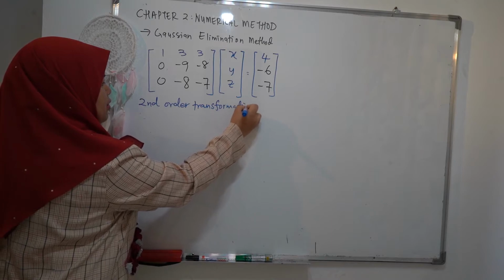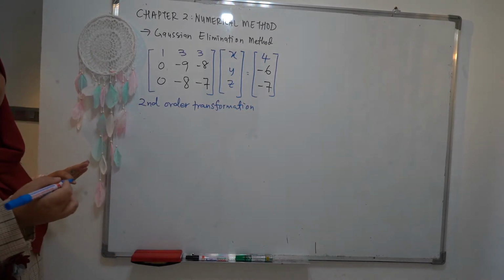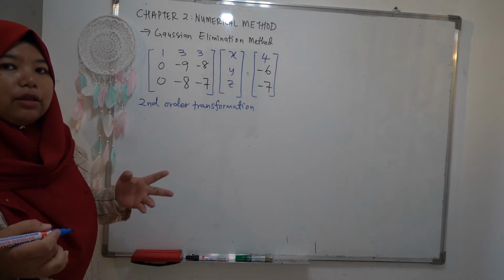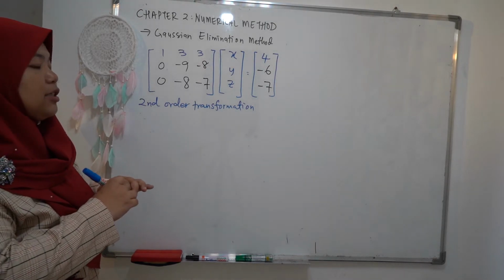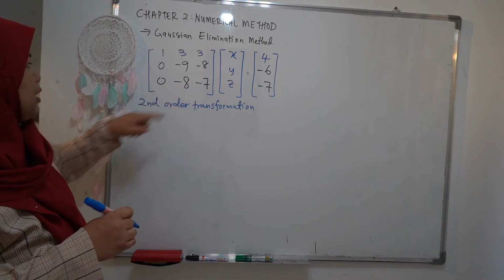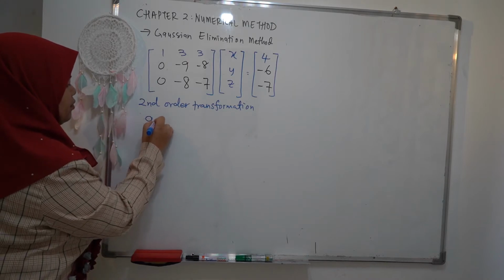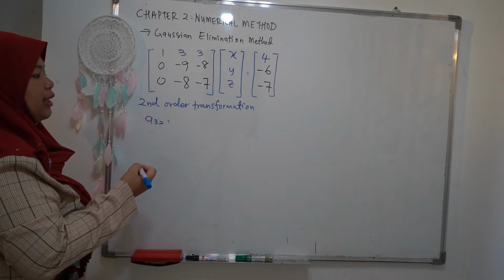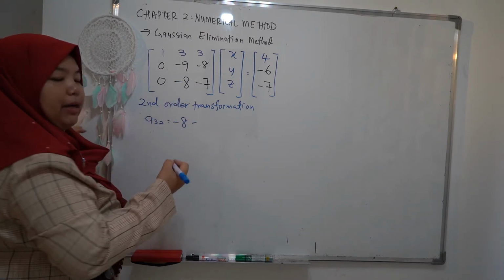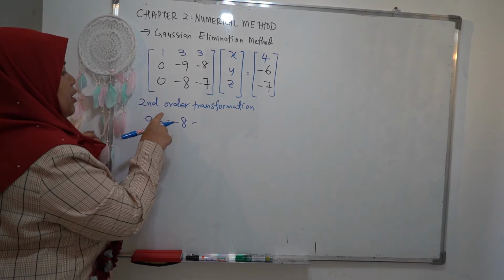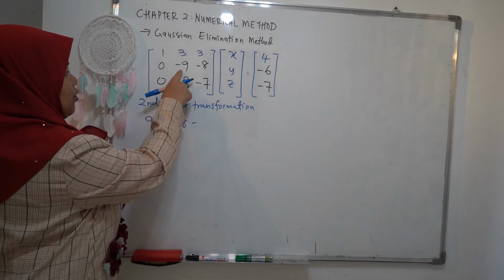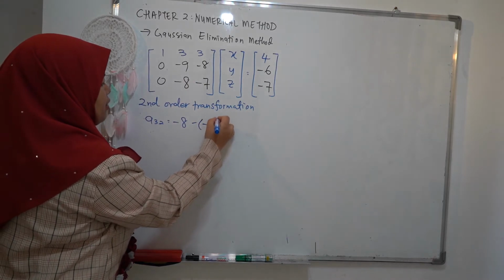I repeat, I have to do the second order transformation because I want another 0 in the third row. So I will start with A32. For A32, negative 8 minus, because this is the second order transformation, I have to deduct with the second row, which is negative 9.